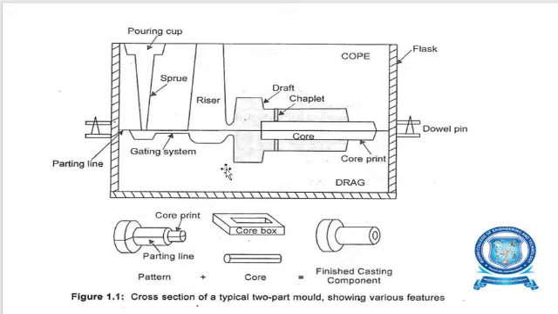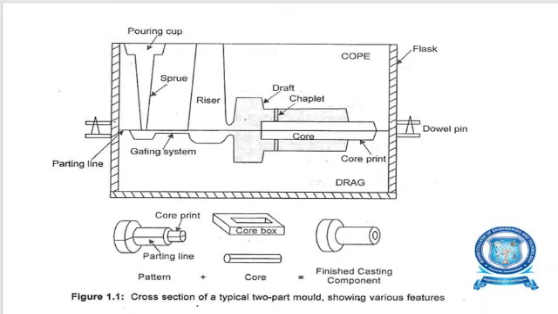Initially the molding boxes, cope and drag, will be assembled and locked with the help of dowel pins, and the mold prepared, setting the core in correct position with the help of core pins, and preparing the pouring cup, riser and gating systems.